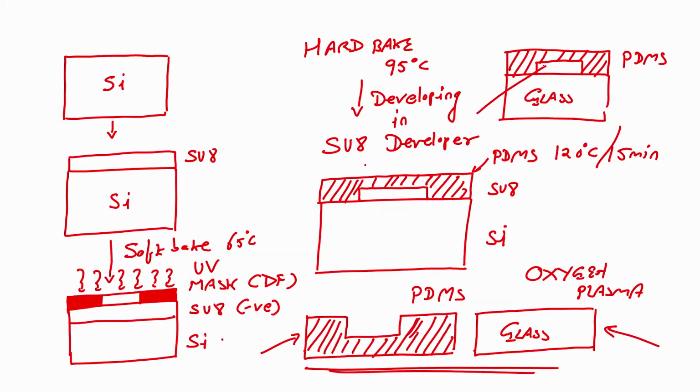So, this would be my channel, right, and this would be a microfluidic chip, right. So, I had to use only one mask process, you see, only one time we have used a mask, a single mask process.